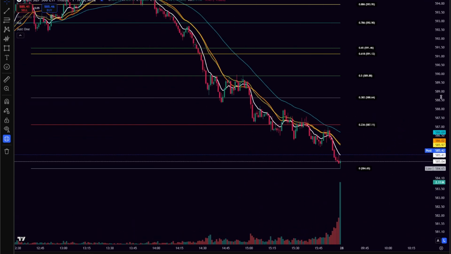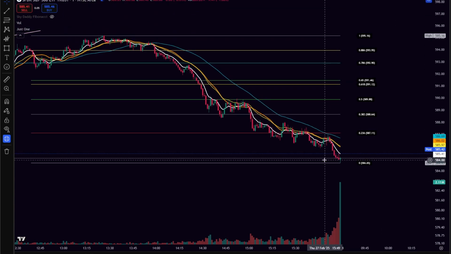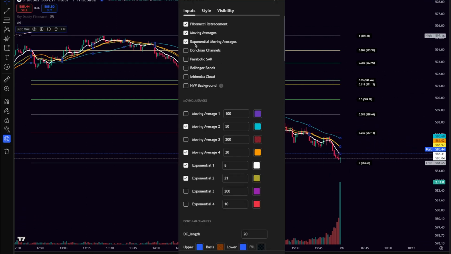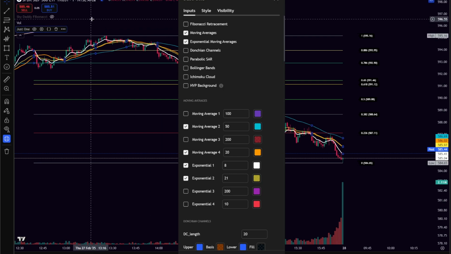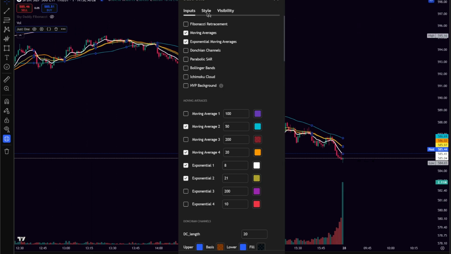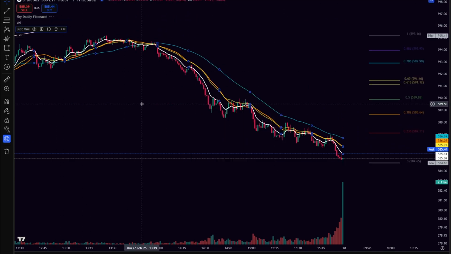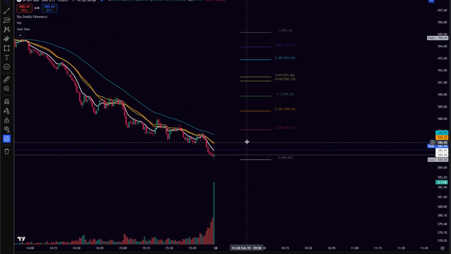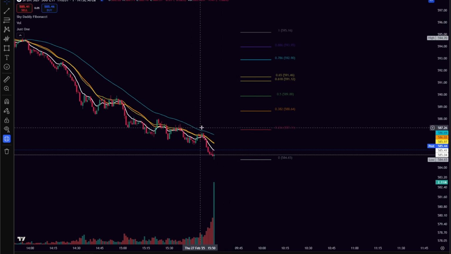I like using it on the 1 minute time frame for day trading because as we make a lower low, say, it'll adjust the Fibonaccis. But I don't usually use it on the one indicator. I made a separate one, which was Skydaddy Fibonacci, and I like my Fibonaccis to be away from price so it's not cluttering my vision.